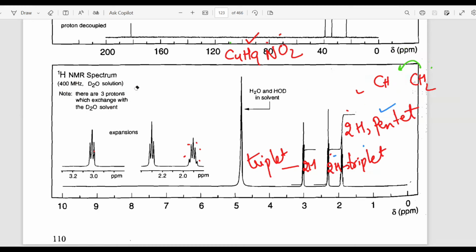Let me write this fragment first over here: CH2, CH2, CH2. IR has confirmed this unknown compound contains a carboxylic acid, C double bond O OH. Because the carboxyl group always appears at the end of a chain, let's put the carboxyl group on one side.